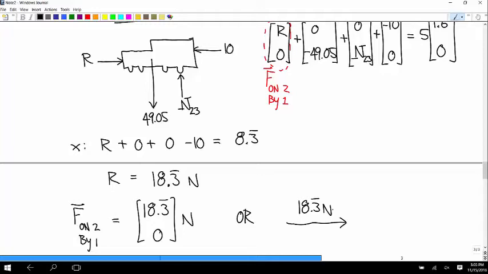Because we're just talking about what the contact force is here at that boundary, no matter what's going on. Yep, negative 18.3 repeating, 0, or 18.3 repeating with the arrow in the opposite direction.